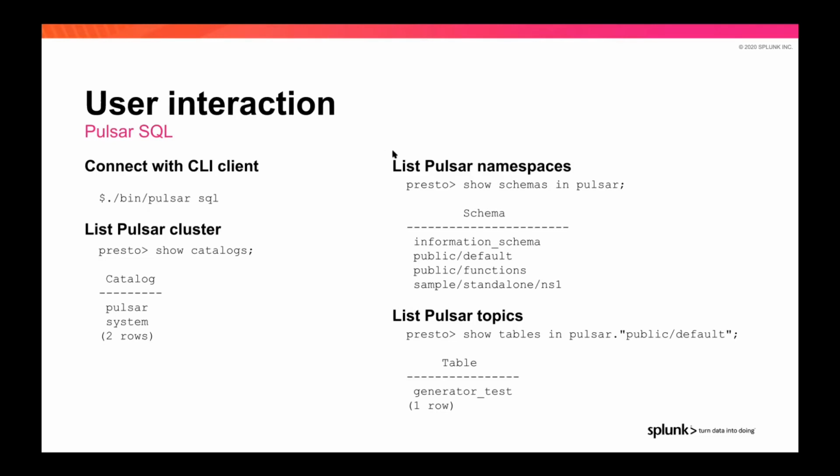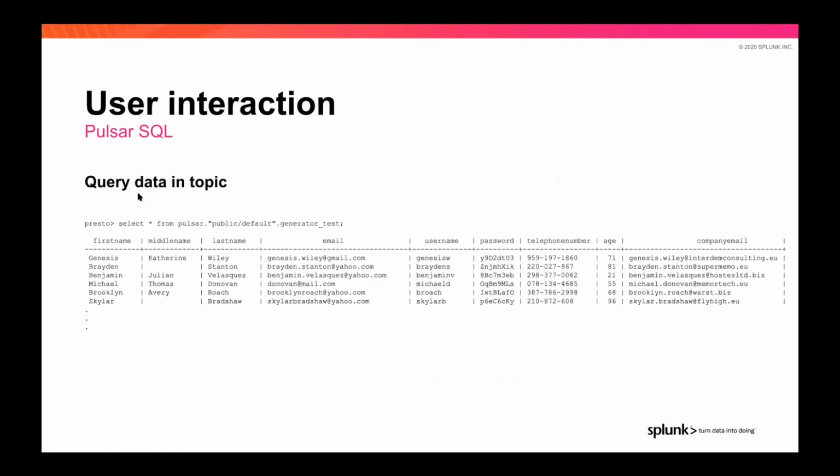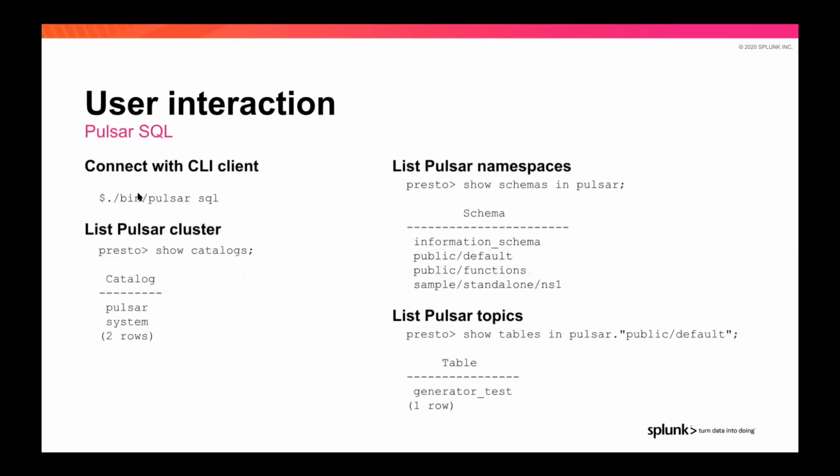As you can see here, a user can just start up that CLI client, which will bring up a Presto CLI client as well, and you can list the catalogs, which is almost like a cluster in Presto. If you list the catalogs, you just see Pulsar there.